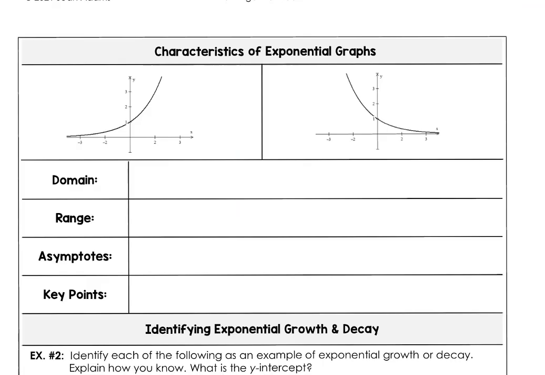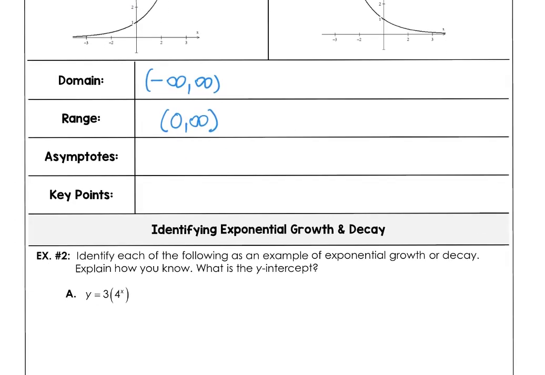Next, we want to use the characteristics of the exponential graphs to analyze. So looking at the domain, you can tell that the domain is all real numbers. The range on each one of these graphs goes from 0 to infinity, not including 0, but 0 to infinity. The asymptotes are going to be the x-axis, or y equals 0.